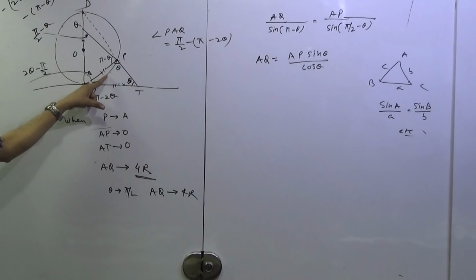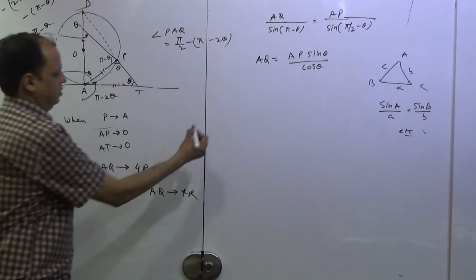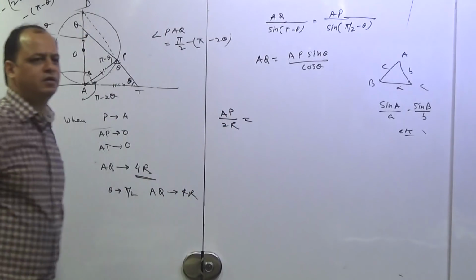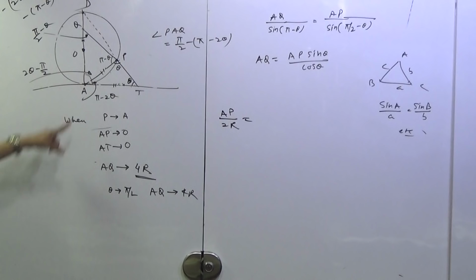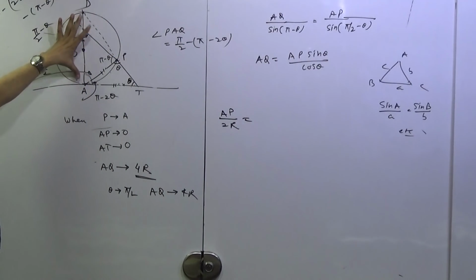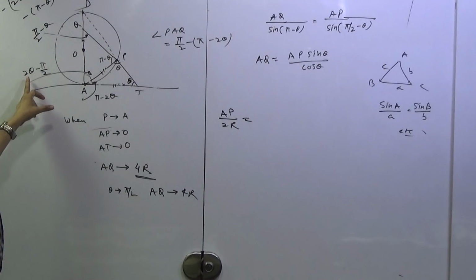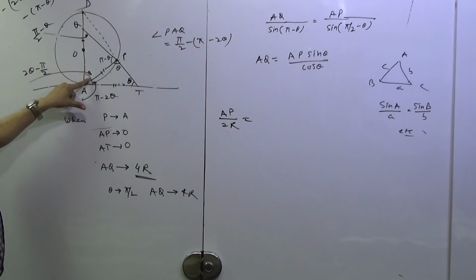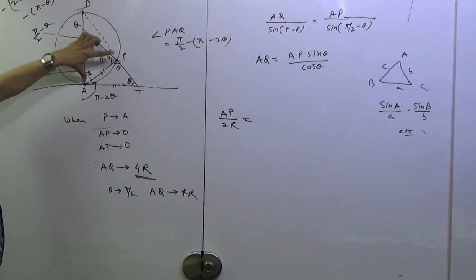So, what is AP upon 2R? See, this angle is theta. This is AP and this is 2R. So AP upon 2R is cos of 2 theta minus pi by 2. What is cos of 2 theta minus pi by 2? This is perpendicular, this is base.